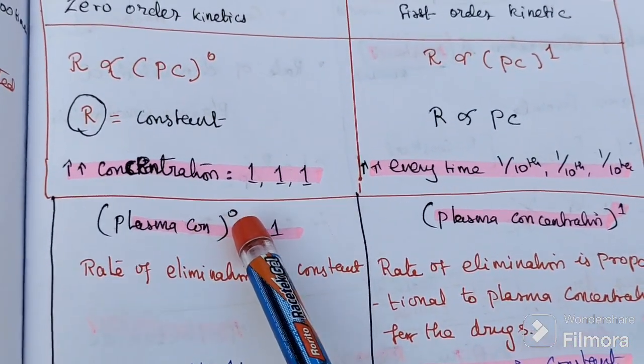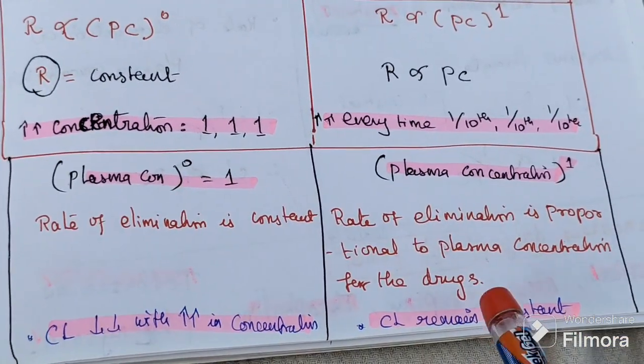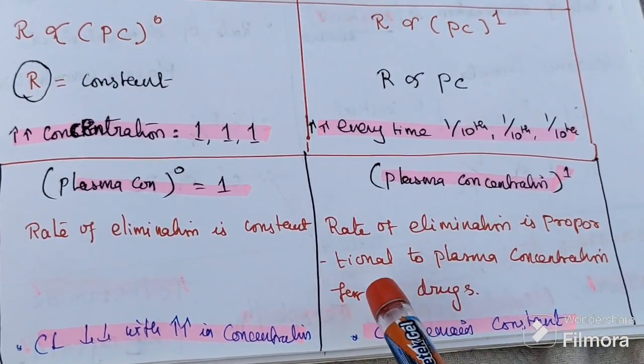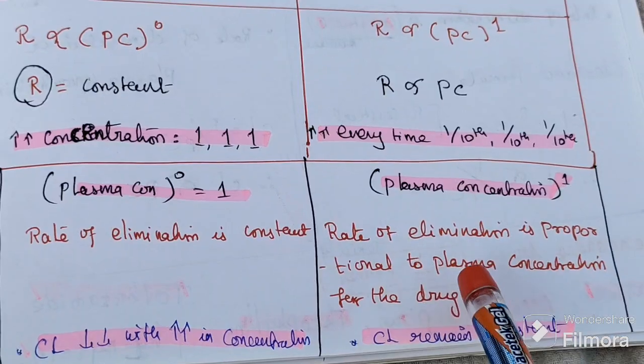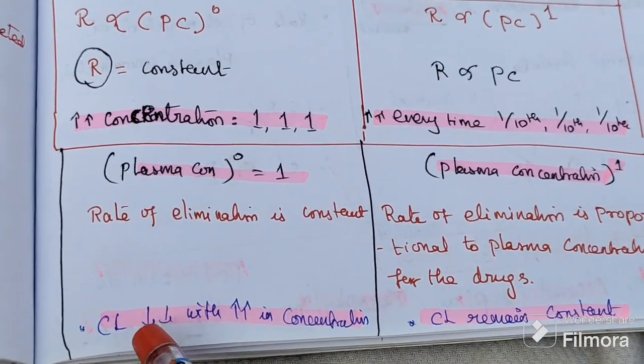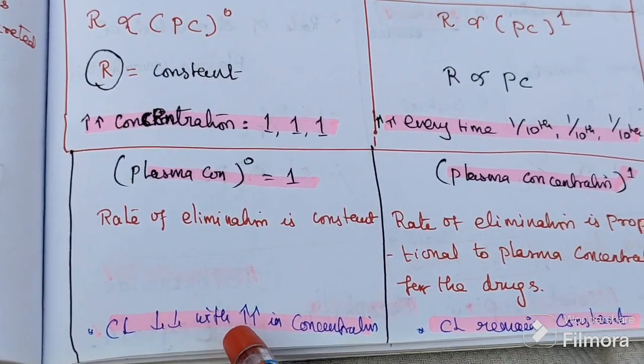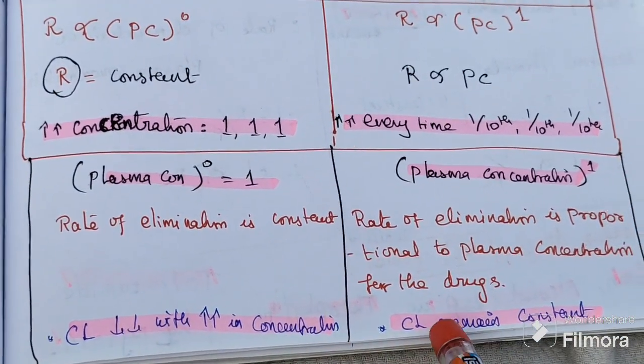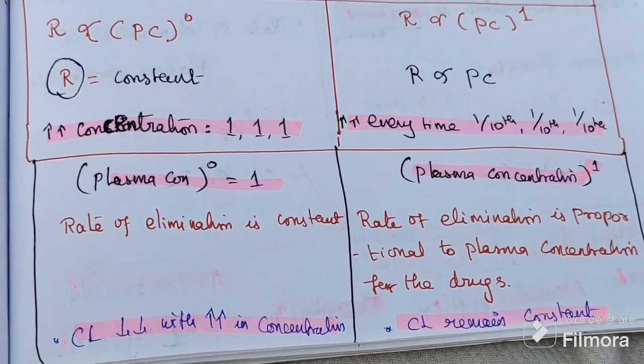This one is the formula; we need to apply it here. This is the rate of elimination. This one is proportional to the plasma concentration of the drug. Here clearance decreases with increasing concentration. Here clearance remains constant.